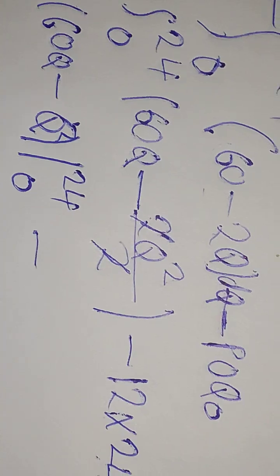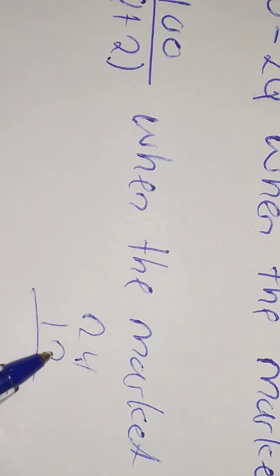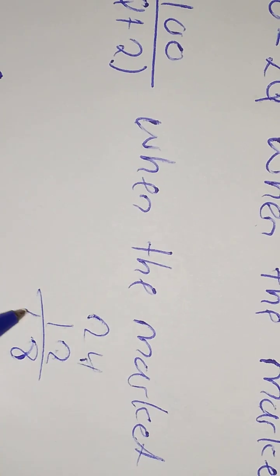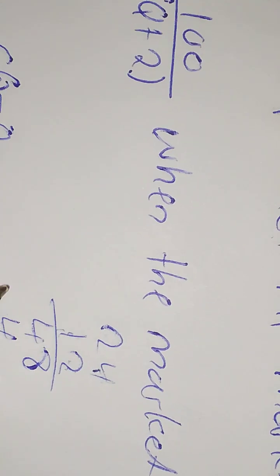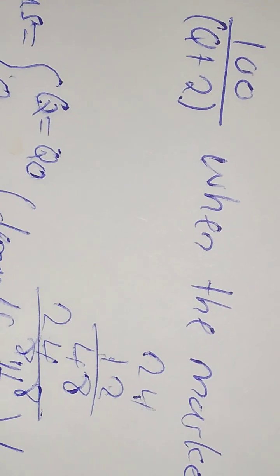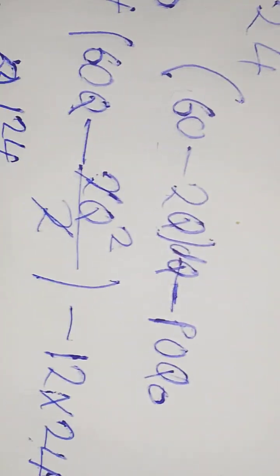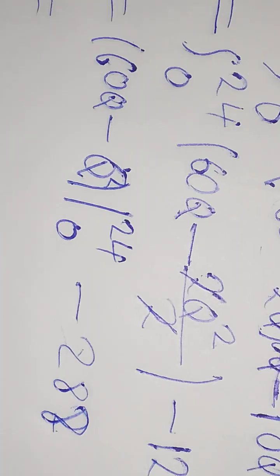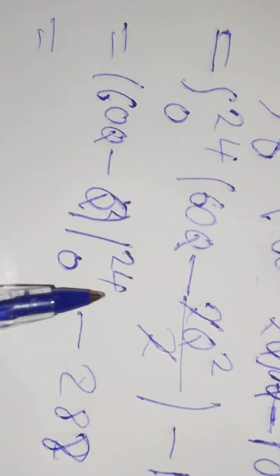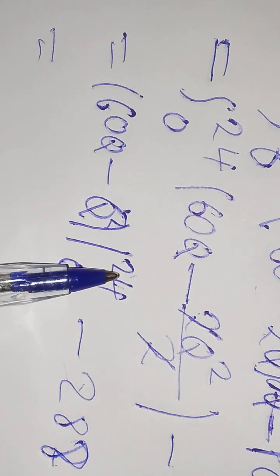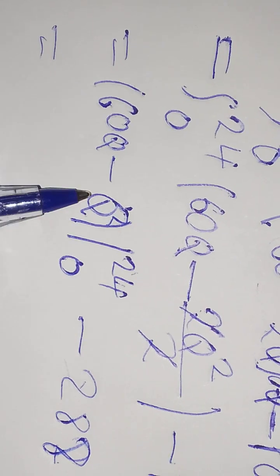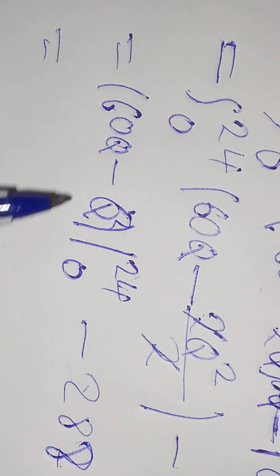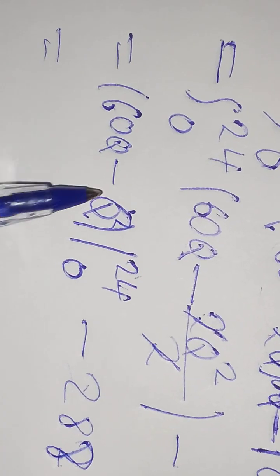What's 12 times 24? Let's do it here: 24 times 12 gives 288. Now under integration, this 24 you put wherever there is q, and then subtract the same with 0.